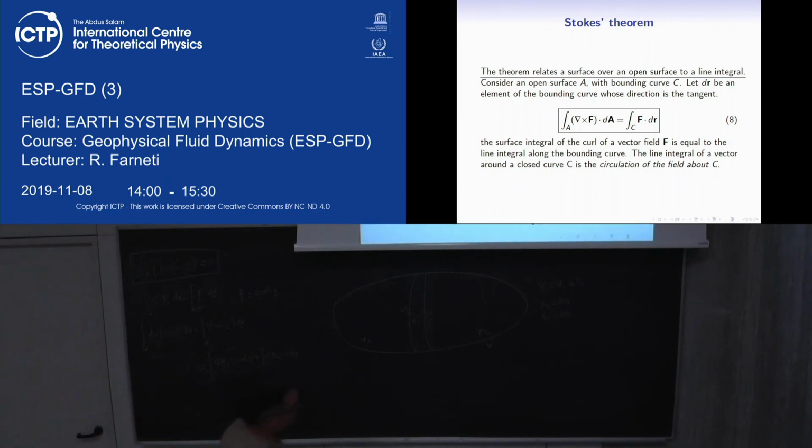Imagine you have these two halves of the potato like this, and this is A1 and this is A2.